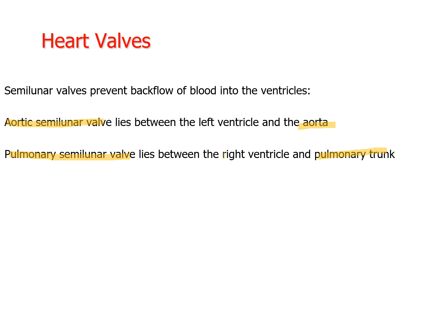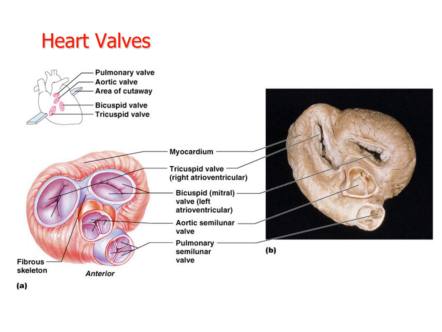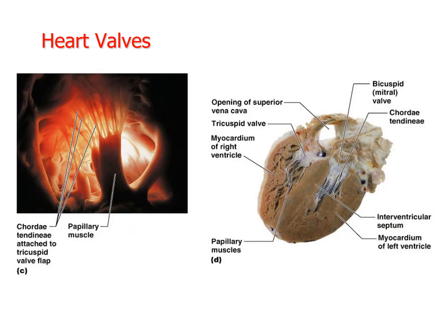So it's at the junction of the right ventricle and the pulmonary trunk. And this just shows that if you cut at just the right angle through the heart, because the four chambers are not equal in size, you could see all four valves. The tricuspid, the bicuspid, which is also called the mitral, and the two semilunar valves, the aortic semilunar and the pulmonary semilunar.